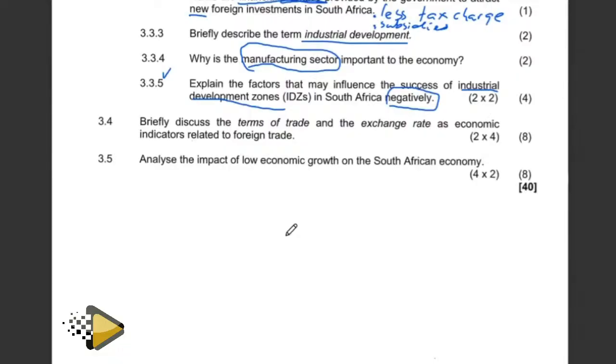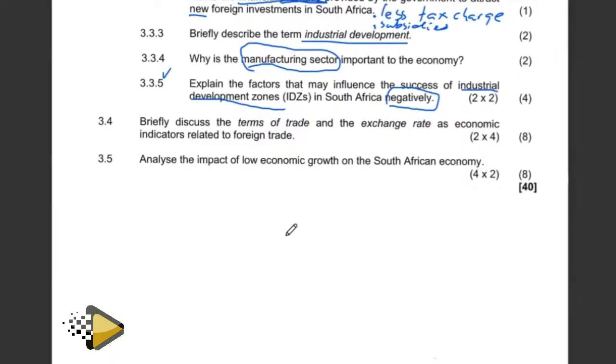So if we check some of those vectors, we have poor management of the resources. The fact that there is poor management of resources in South Africa is as well going to hinder the progress of industrial development zones. As well, here in South Africa, we have a lot of poor use of the resources, as well as poor managing of the resources.